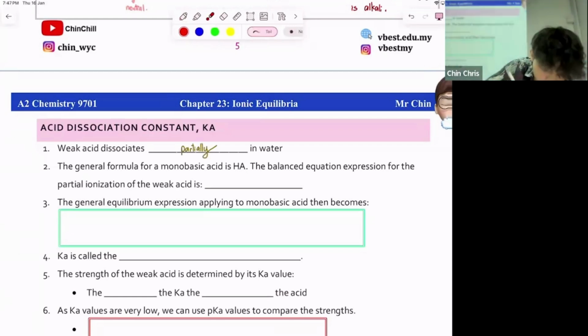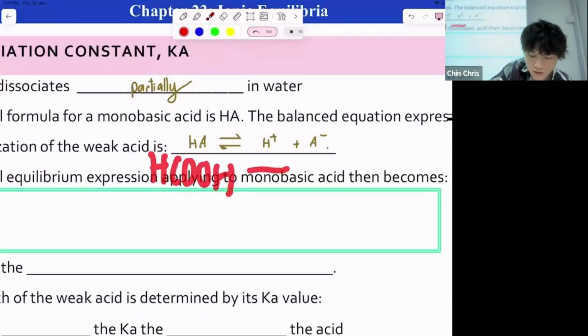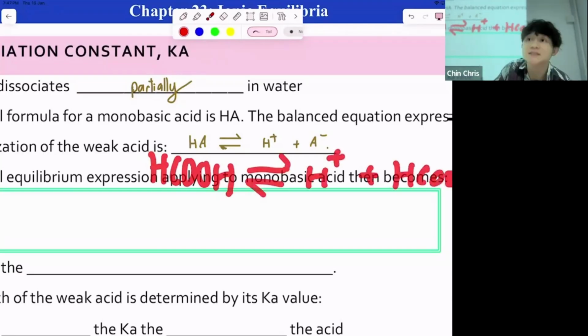So the balanced equation is HA, and when it dissociates partially, H+ is always formed along with A minus. A good example is HCOOH, methanoic acid, which dissociates to form H+ and HCOO minus.